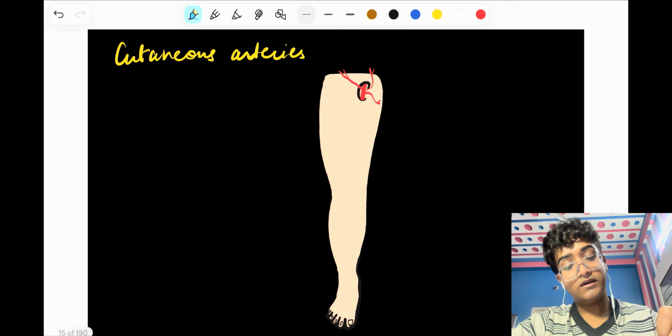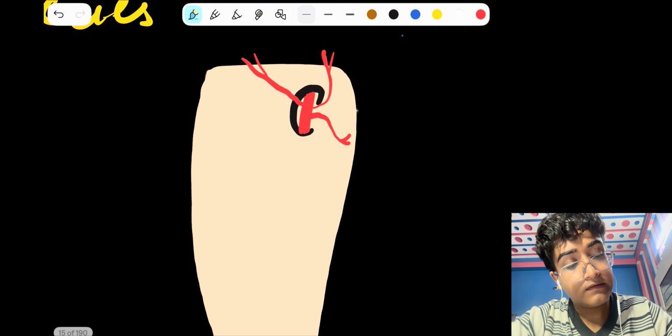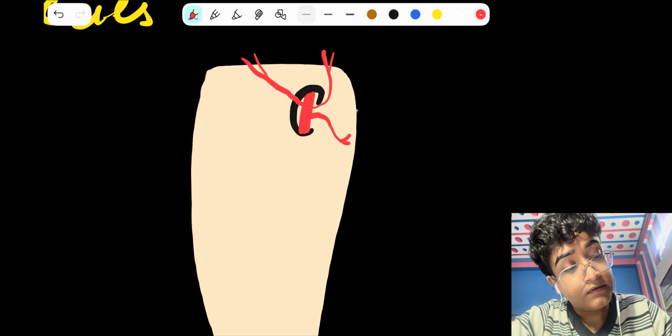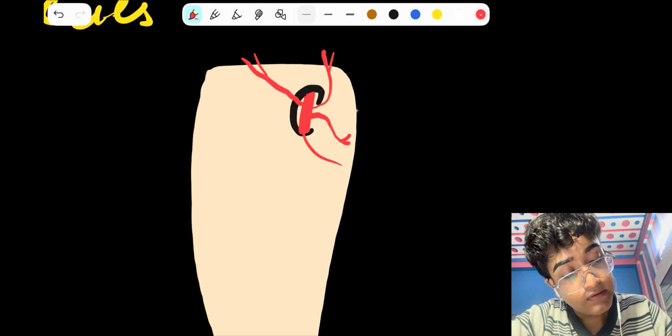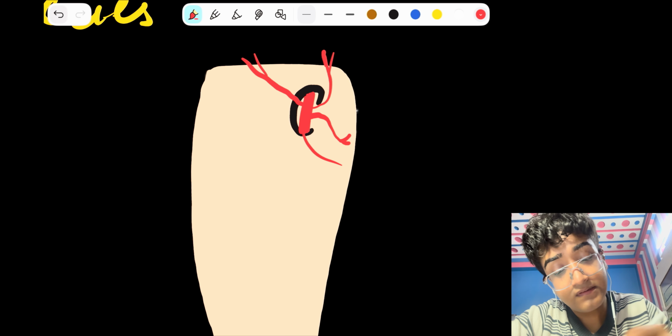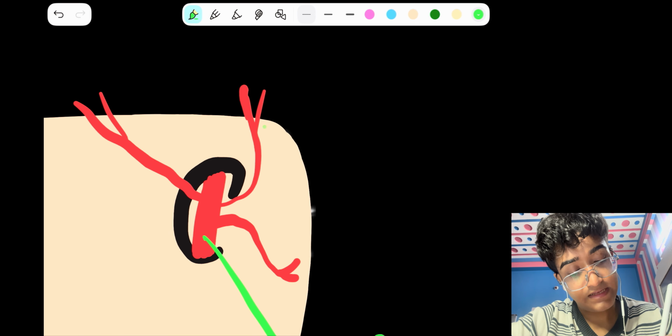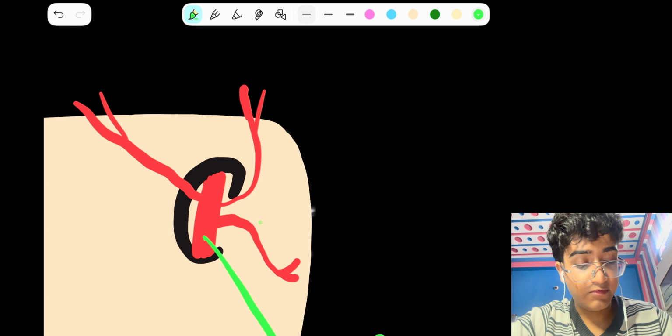Now let's come to the superficial arteries. This one is the femoral artery, which is a deep artery, not a superficial artery. There are a few branches of the femoral artery which lie superficially. There are 3 superficial arteries.